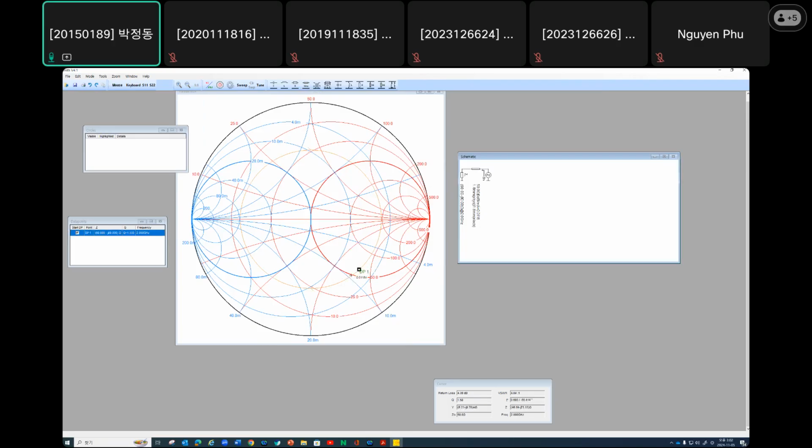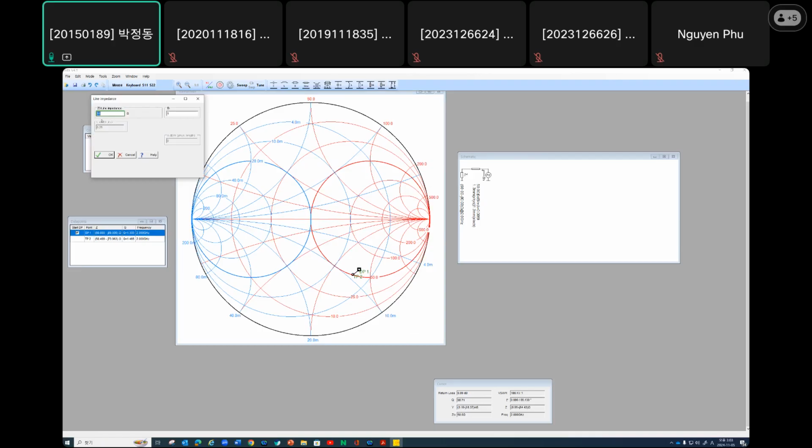So there are 2 points to match. One is this. And we also add a shunt. Typically, I use an open stub, but in this example, they use a short stub, right? So let's use a short stub.